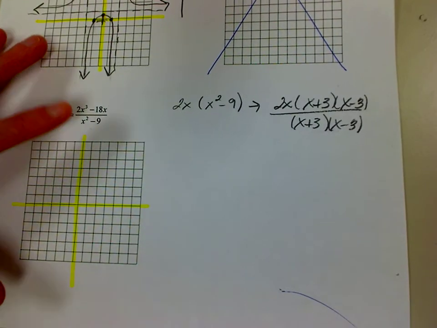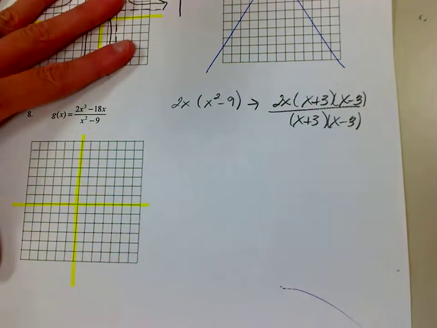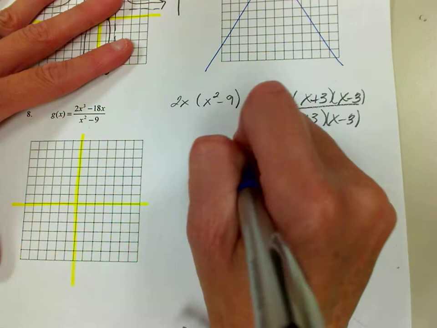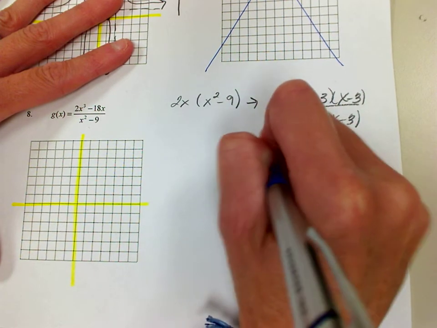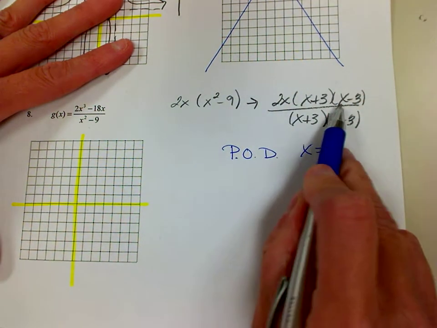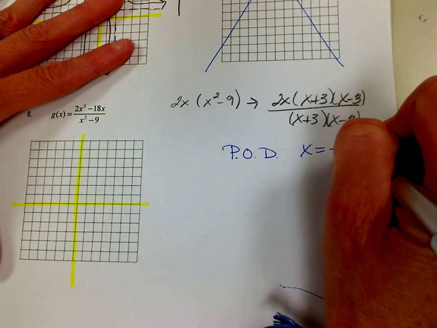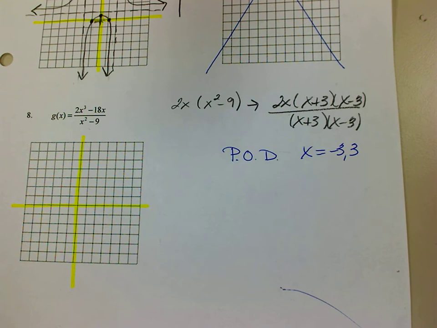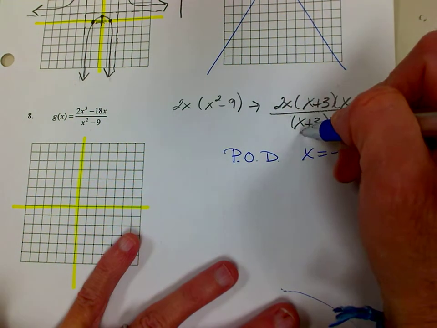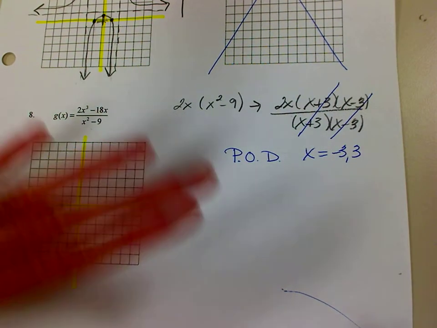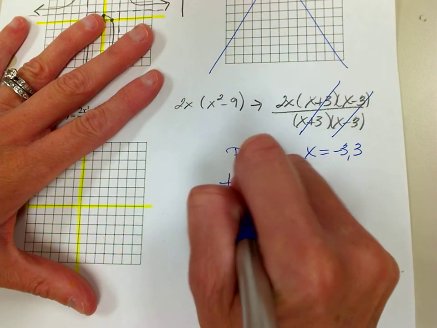Okay, so looking at my factored equation, I'm going to find the points of discontinuity. So I look at the denominator here. I'm going to have a negative 3 and a positive 3. Okay, after that I'm going to cancel. They actually both cancel. That means they're both holes in the graph.